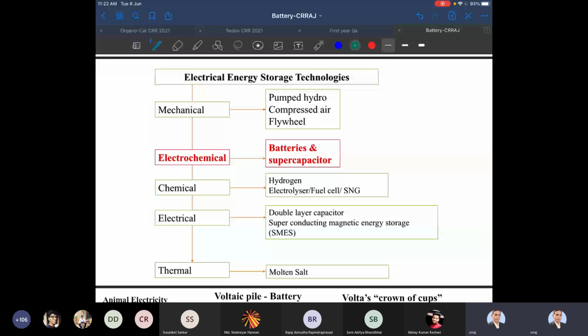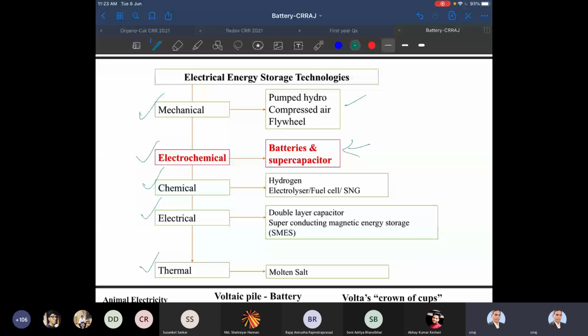Due to several reasons, we are not going to explain all of this. The categories are mechanical, electrochemical, chemical, electrical, and thermal. What we say: pumped hydro or compressed air, flywheel, and electrochemical. There come your batteries and supercapacitor. Of course, we are not going to study the supercapacitor. Briefly about the battery, we'll put few slides only.